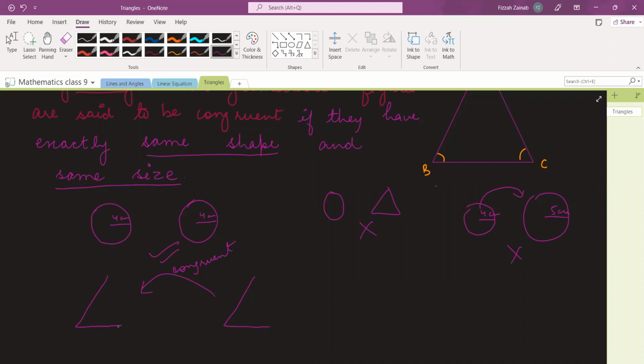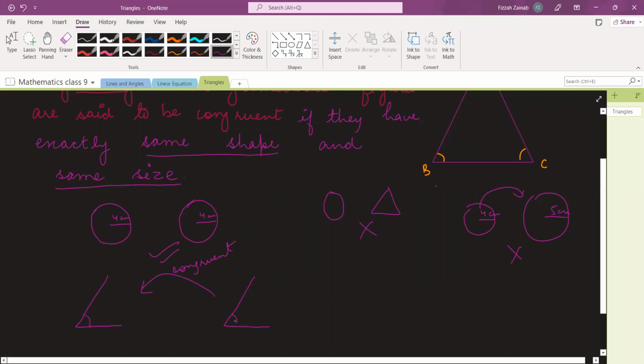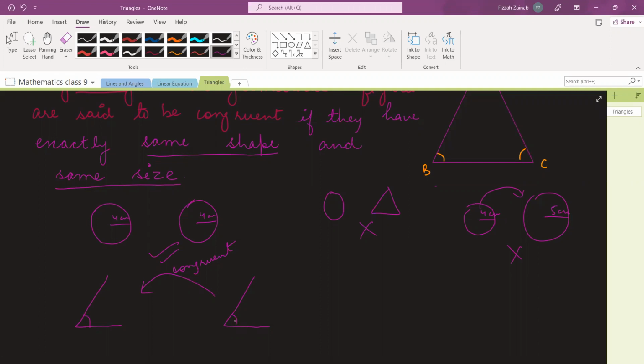Then we say that these two angles are equal, or we say they are congruent. Understood? Yes, ma'am. I mean, the measurement is same. If this is 65 degree and this is also 65 degree, so they are congruent. So it's not such a difficult thing to understand. I think congruency is clear in your mind. Yes, ma'am.